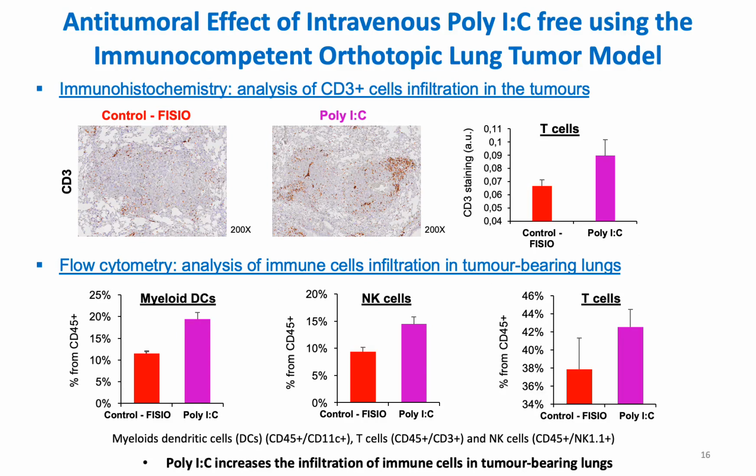In the same experiment, we can see by immunohistochemistry the infiltration of CD3 T cells in the tumor, which is increased by poly-IC, and also by flow cytometry an increase in the population of myeloid dendritic cells, NK cells and T cells.